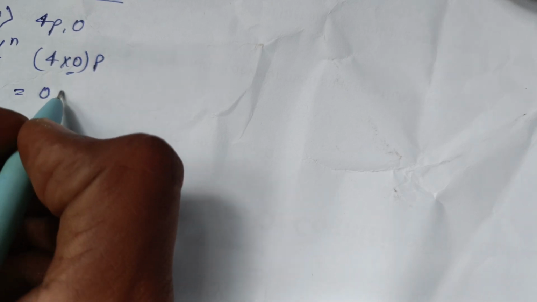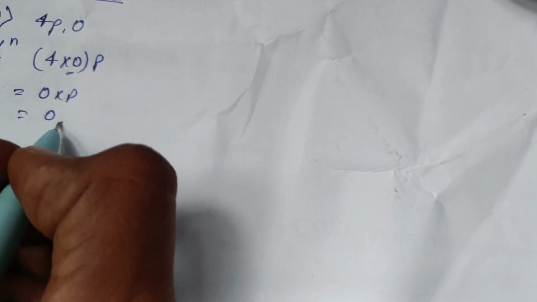Let's solve the last sum in the first question. Therefore 4p comma 0. The solution you can write as 4 into 0 into p. So anything that we multiply with 0 is 0, 0 into p is equal to 0, that is the answer.